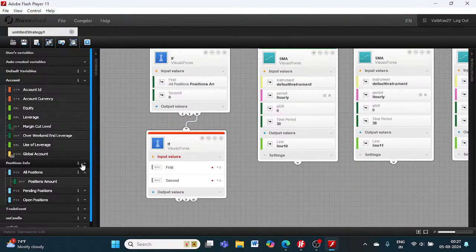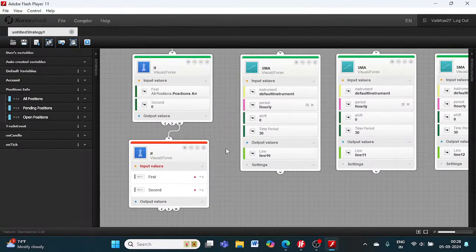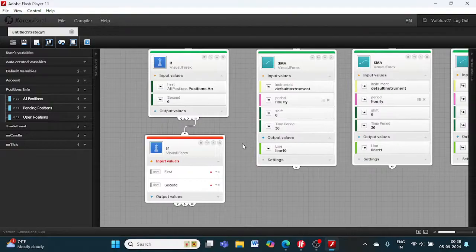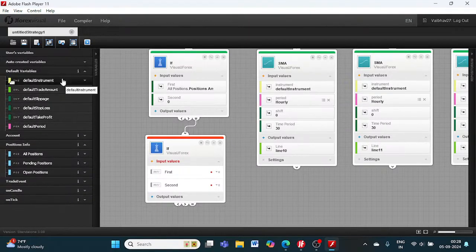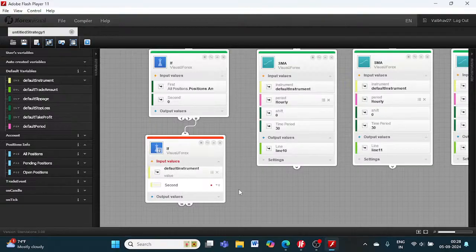Then we are going to look at the default instrument, which needs to be Euro USD.